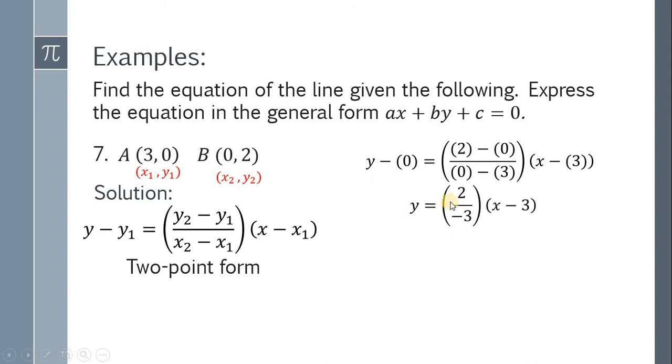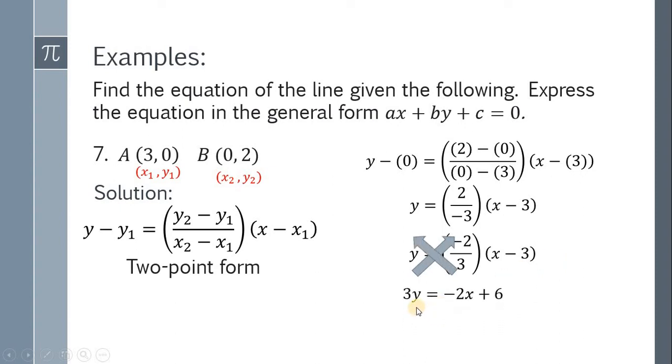Simplify natin. Magkakaroon tayo ng 2 over negative 3. Next, kapag meron tayong negative yung ating fraction, ang paalala kanina, palaging ilalagay sa numerator yung negative. Okay? Para hindi tayo malito. So, magiging negative 2 over 3 times x minus 3. Next, cross multiply.